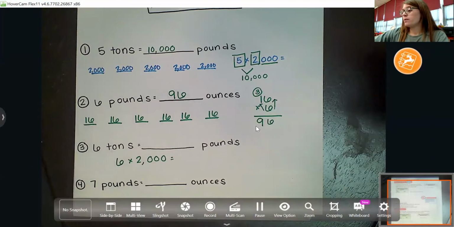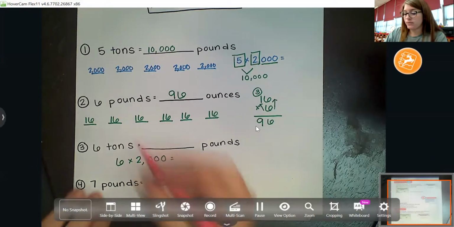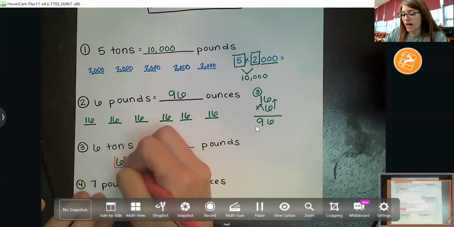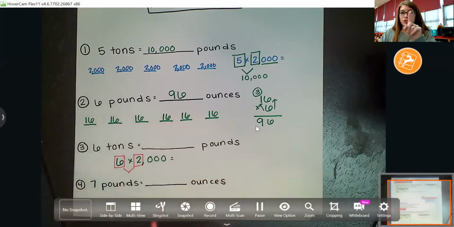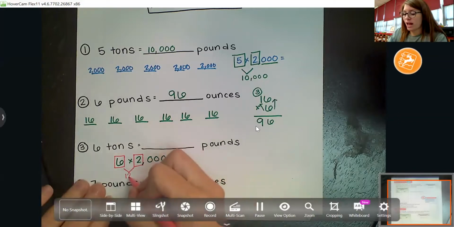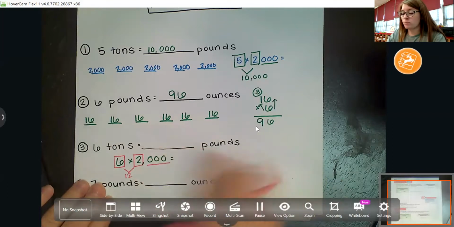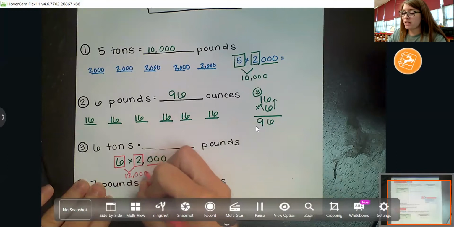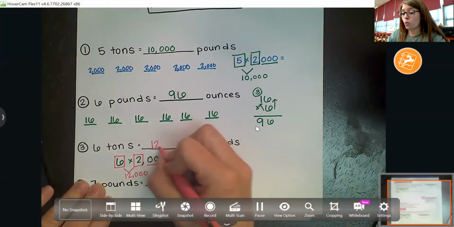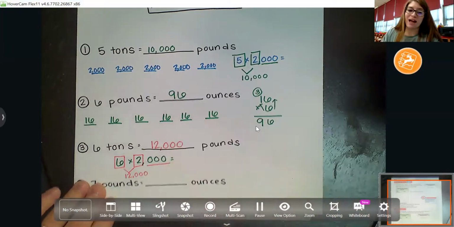All right, well, I'm going to go ahead and use my basic fact trick. Pull out that basic fact. 6 times 2, which is 2, 4, 6, 8, 10, 12. And then look at how many zeros I need to add, which would be 1, 2, 3. So 6 tons is the same thing as 12,000 pounds.